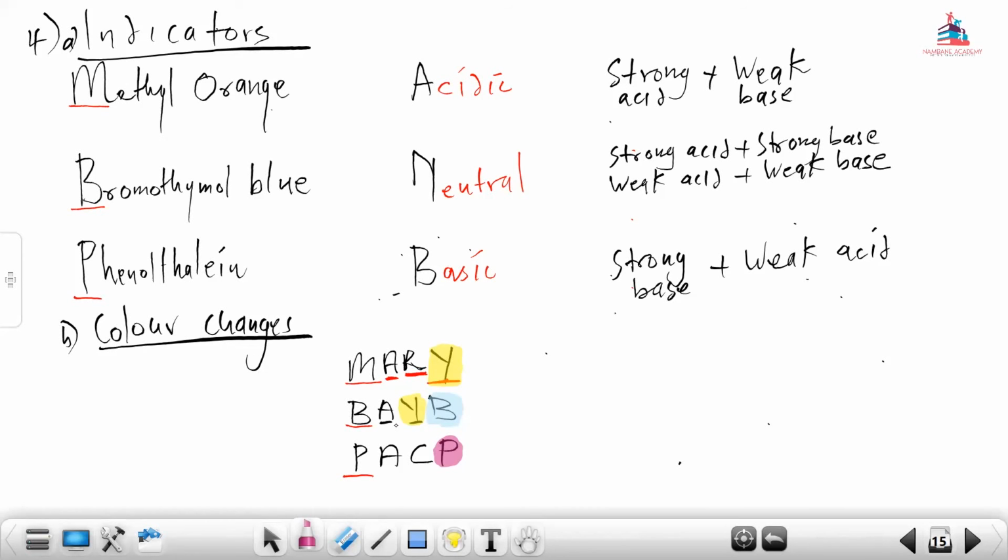The reason for that is, remember, in a titration, we want that neutral solution to be there. So we just need to have an indicator that will assist in that regard. If you take bromothymol blue and add it in water, no results. It will just stay the same color as it is.